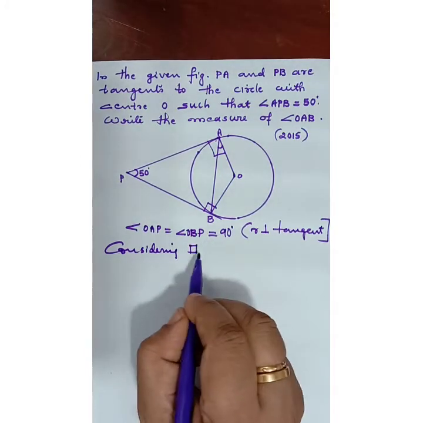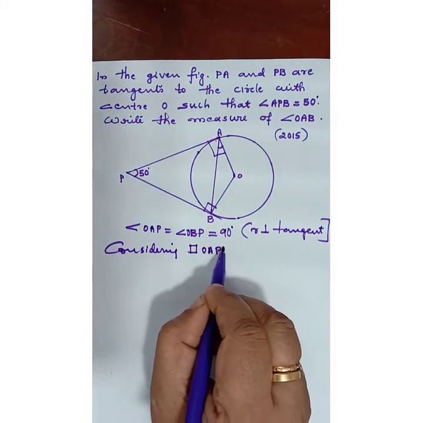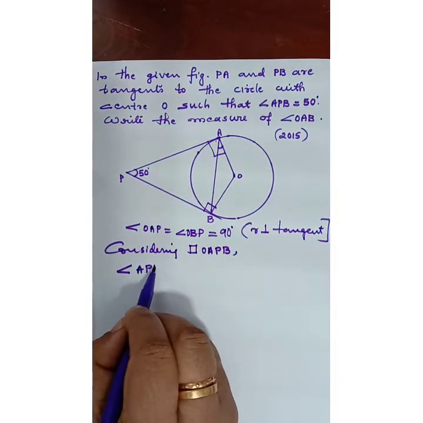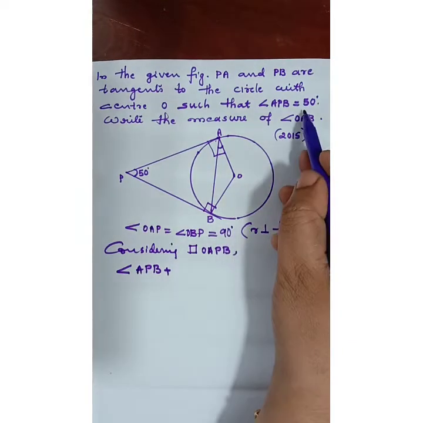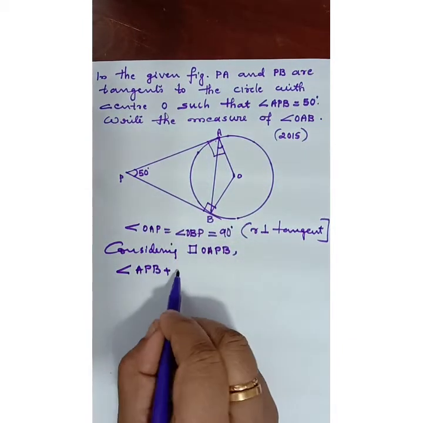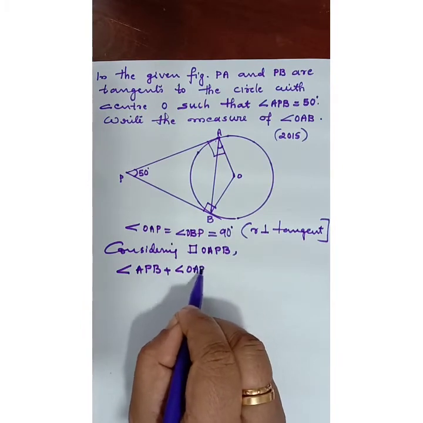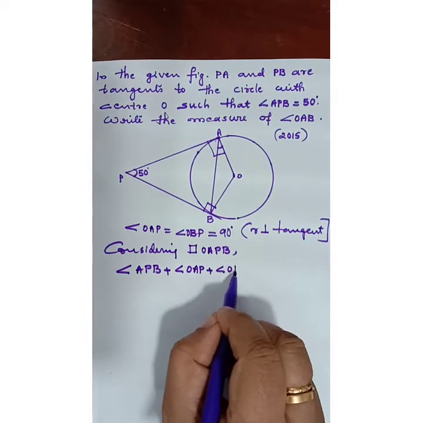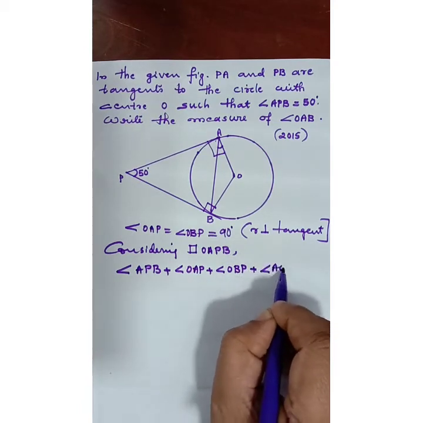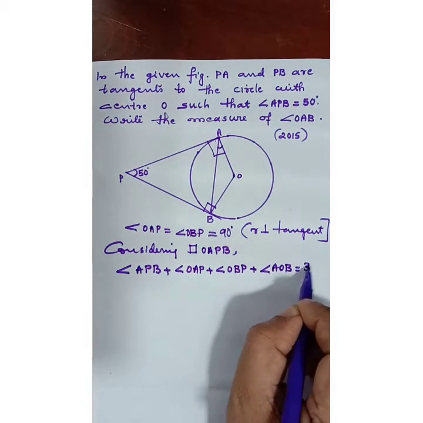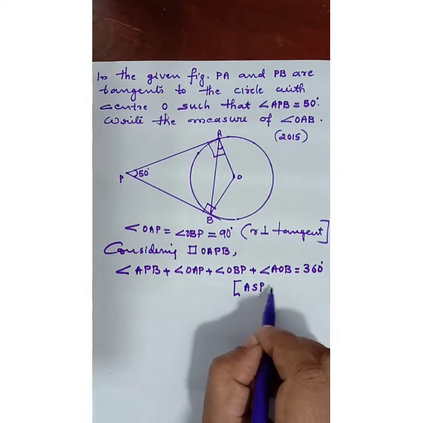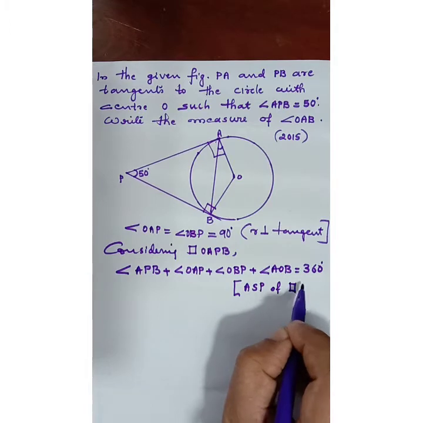The symbol you can use, no problem. Angle APB plus, APB is 50 we know, plus angle OAP plus angle OBP plus angle AOB equal to 360 degrees. Angle sum property of quadrilateral.